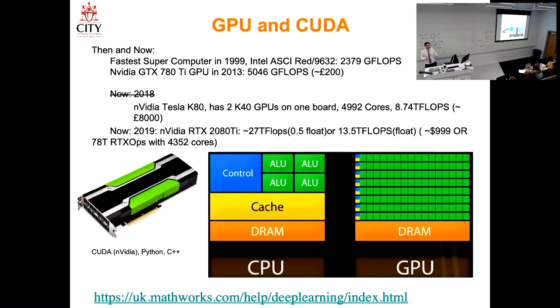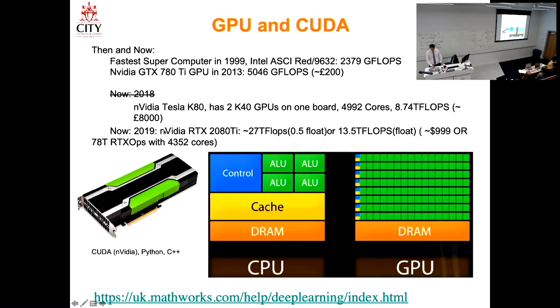One of the ways that they calculate the power of a computer is by its FLOPS, floating point operations per second, how many operations this computer can take care of. Back in 1999, the fastest supercomputer in the world had about 2.379 teraflops, or 2,000 gigaflops.